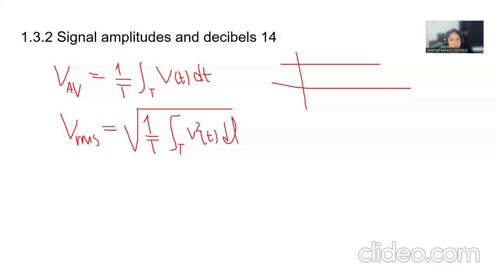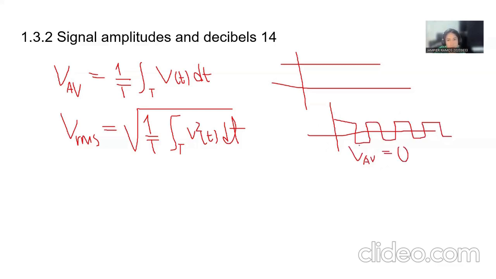So, for example, the average value of a pulse signal, or a square wave that we're going to talk about later, is 0 because it alternates between positive polarity and negative polarity.